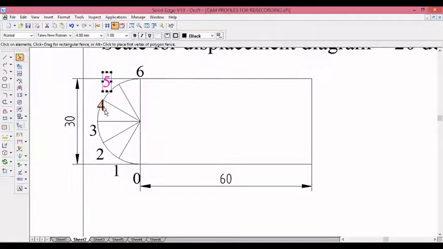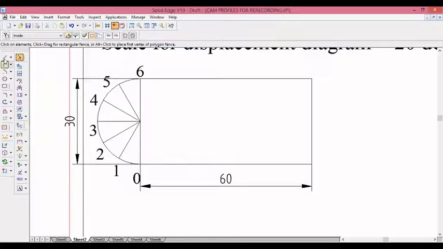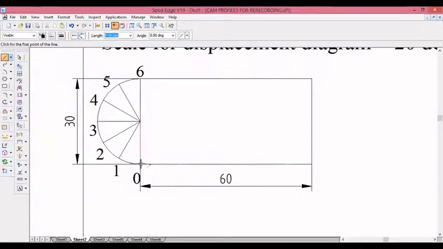And similarly, we have taken this line also into 6 equal parts. From every division, you take vertical lines. Make use of scale and pencil.